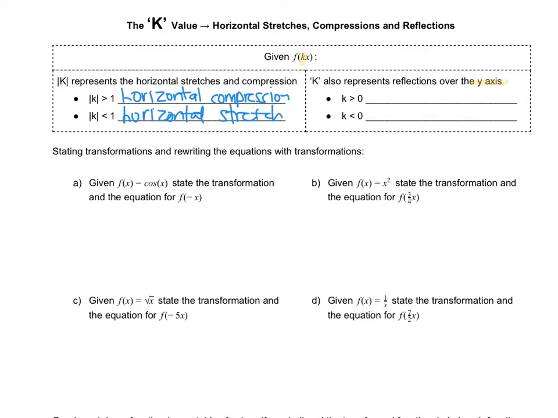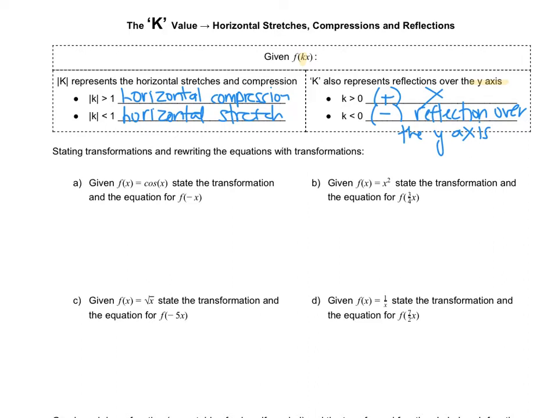So if your k value is greater than 0, so if it's positive, it might be a stretch or compression, but it is not a reflection. If it is less than 0, so if it's negative, there is a reflection over the y-axis.